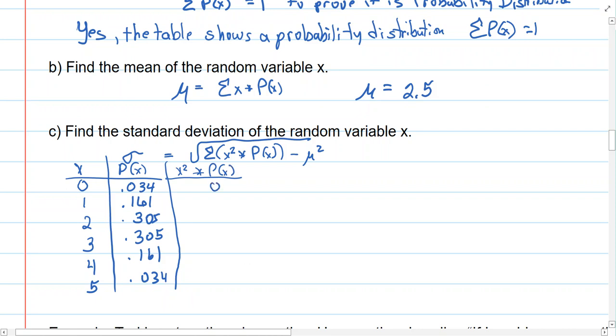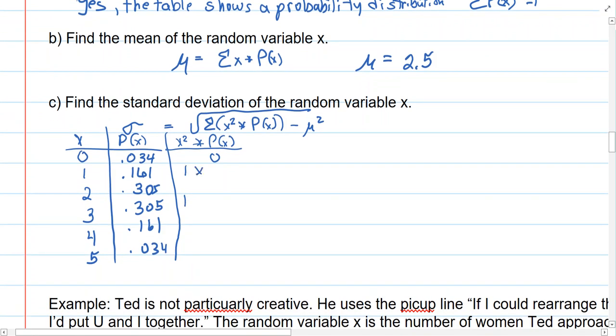So this one's 0, because 0 squared is 0. Then 1 squared is 1 times decimal 161. 2 squared times 305. 3 squared times 305. 4 squared times 161. 5 squared times 0.034. So we're going to get this and then get the sum.